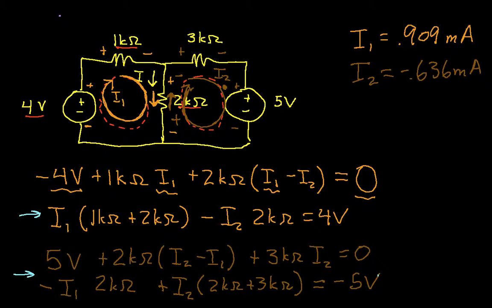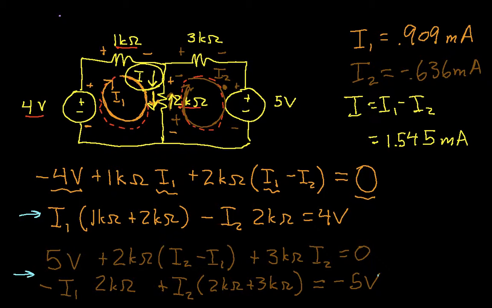So for example, in the original circuit I had drawn this I, and so if I want to find what that current is, well, I is equal to I1 minus I2, because I have an I1 going this direction and I2 going this direction. I could work that out and get that it is 1.545 milliamps, if I've worked that correctly.